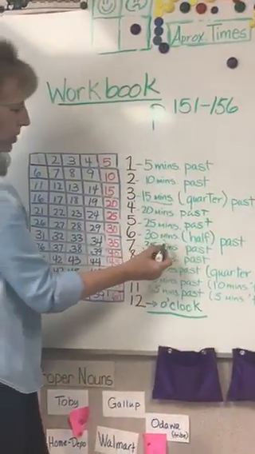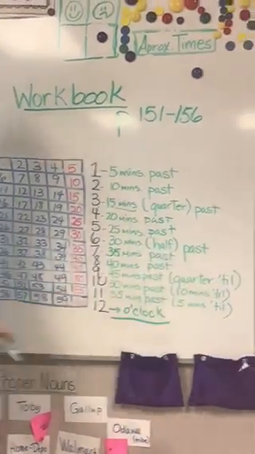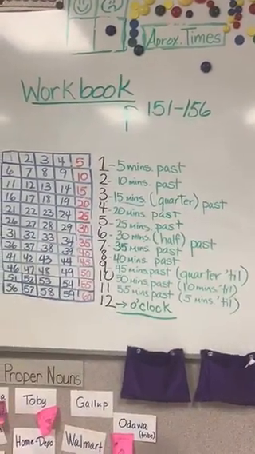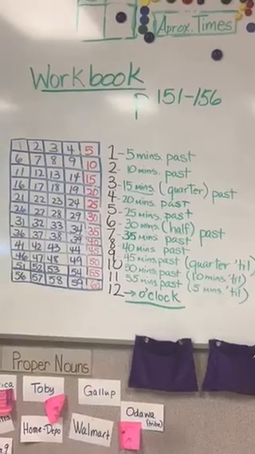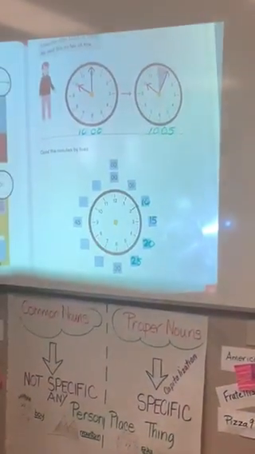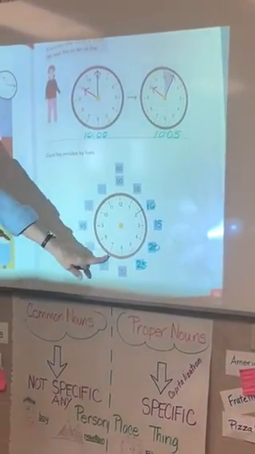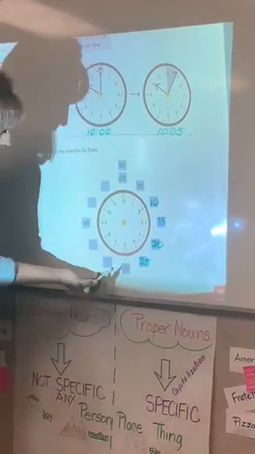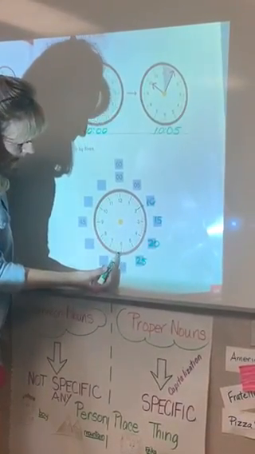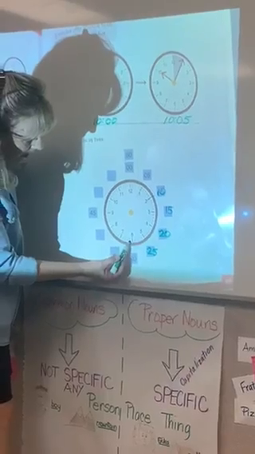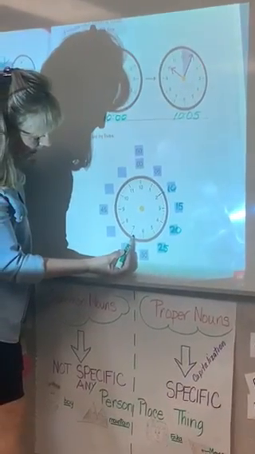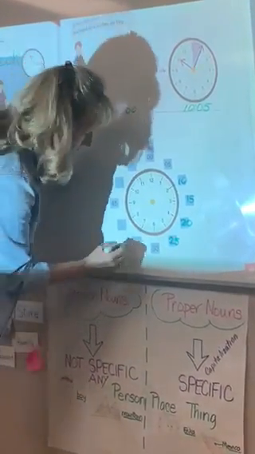The 6 equals 30 minutes or half past the hour. That was lesson from yesterday. Half past. How about the 7? If this is 30, we have to go 5 more. 31, 32, 33, 34, 35.